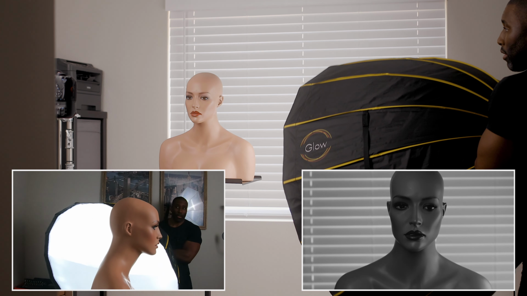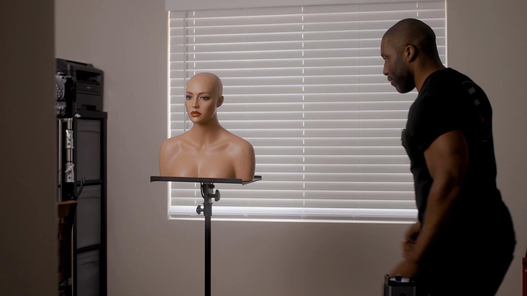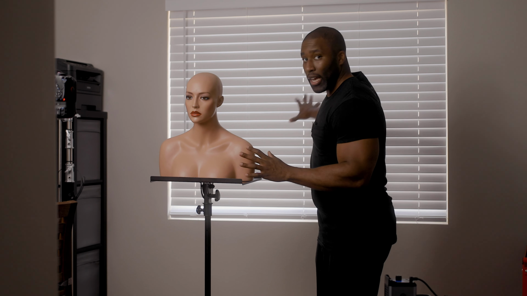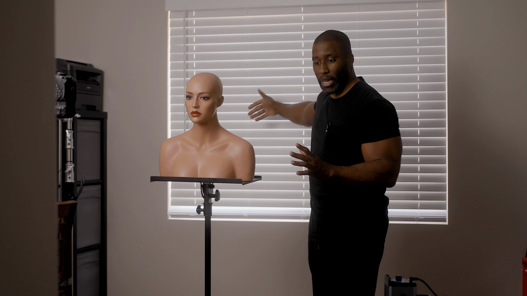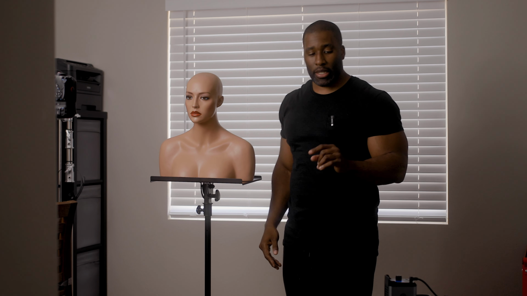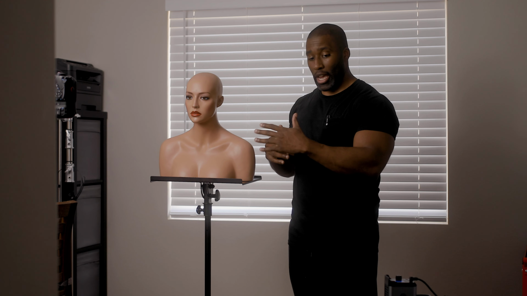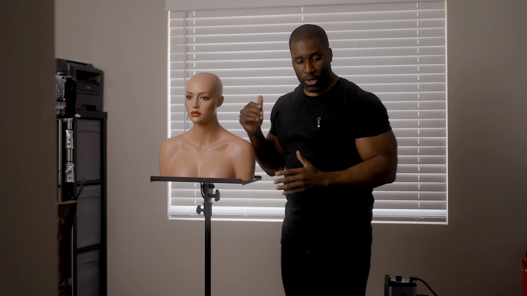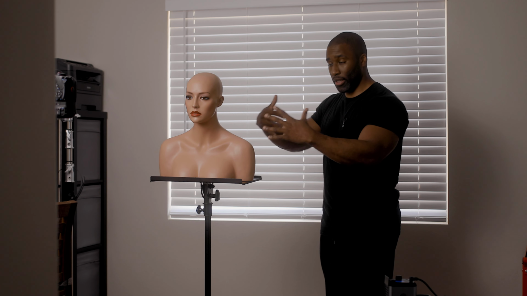Now the problem, however, is that if this is where your subject was, your subject is right here, I can reach back and touch, this would essentially be the backdrop. The problem is, to be able to have this big modifier, to have the front of the modifier lined up with Quinn's nose, there is a lot of modifier that's behind the subject.